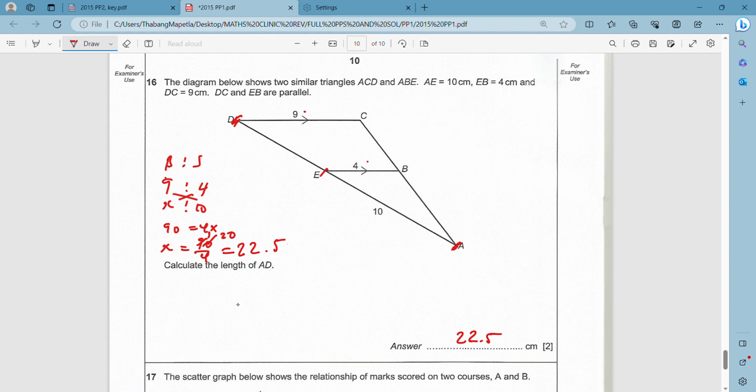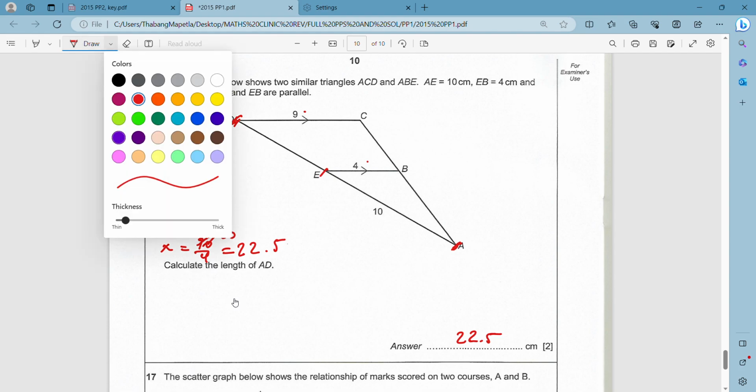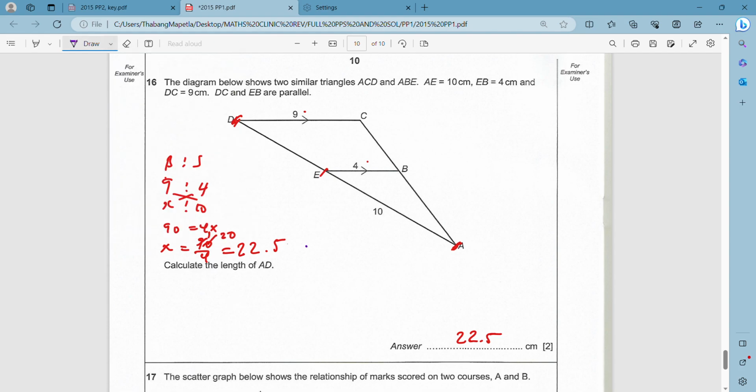Or an alternative method, you might just say that for a bigger side, it's going to be a ratio, length of a big one over length of a small one times length of a small one. What is length of a small one? In this case it's a 10. So that is going to give you 22.5, which is simply what we had there. So yeah, it is fine.